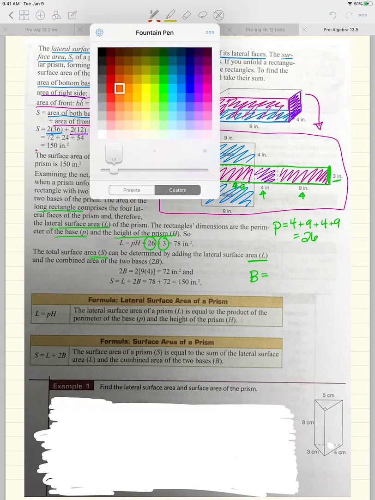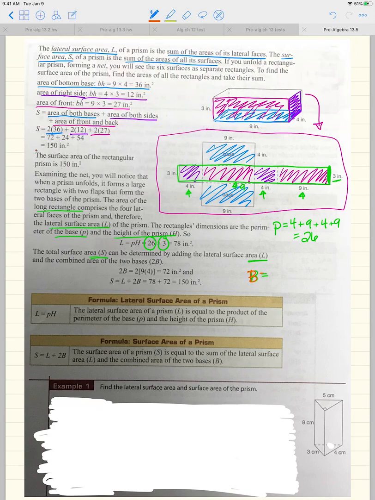Let me change colors again. Big B is right here. Where is big B? Well, it says 9 times 4. Our bases are here and here in the lateral surface area formula. So B is lowercase b times h of the base.